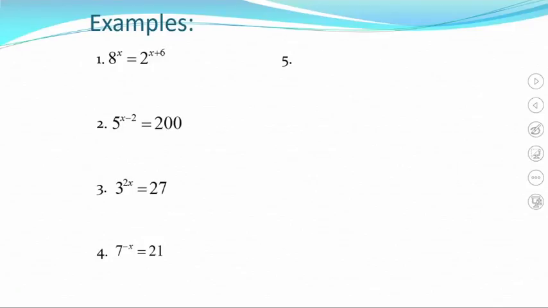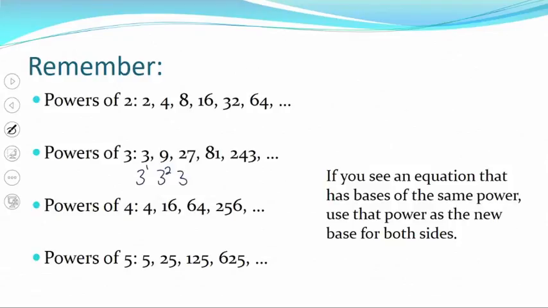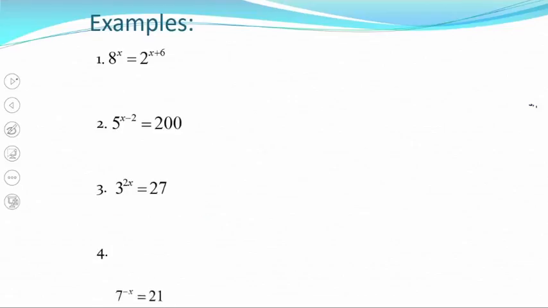Well, if you go back to that list that we wrote down in the last video, you'll notice that powers of 3, 3 to the first, 3 to the second, 3 to the third, 3 to the fourth, 9 and 27 both make that list. 9 can be written as a base of 3, and 27 can be written as a base of 3, which is exactly what we're going to do.